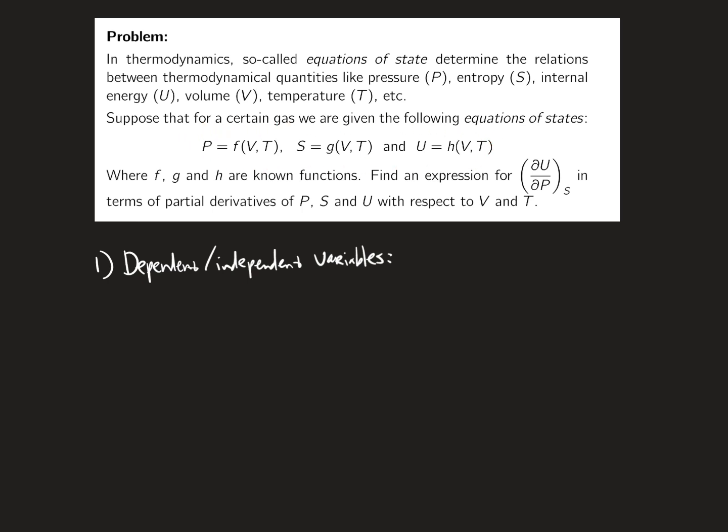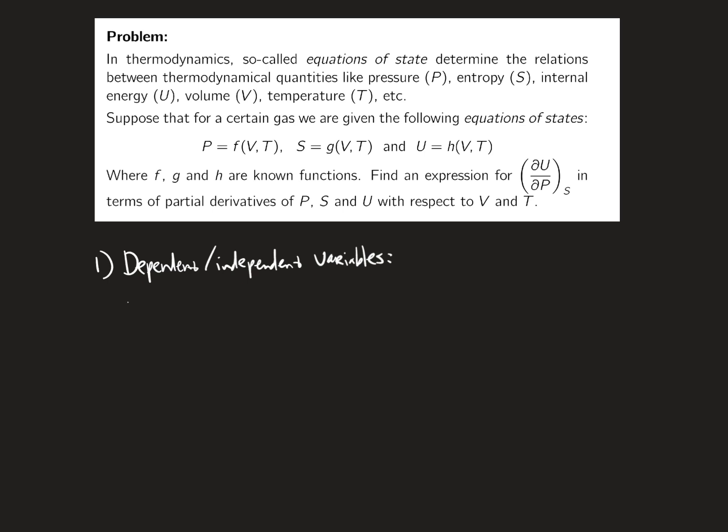So that means that we have 5 minus 3 is equal to 2 independent variables and 3, so 5 minus 2, dependent variables. Because the number of dependent variables is equal to the number of equations that we are given, and the number of independent variables is the number of total variables minus the number of equations that we are given.